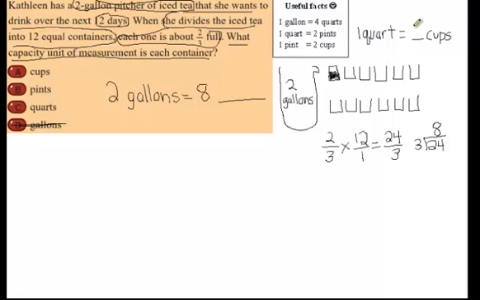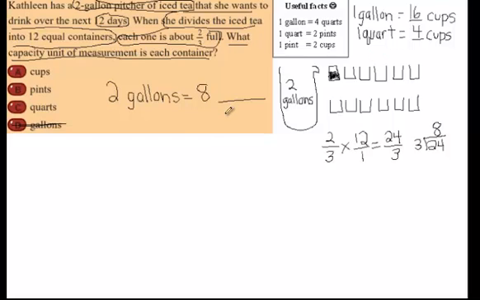Yep, the answer is 4. So now, if 1 quart is 4 cups, how many cups are in a gallon? If you can think like this, it's going to make the problem a lot easier. If 1 quart is 4 cups and there are 4 quarts in a gallon, 1 gallon is 16 cups.